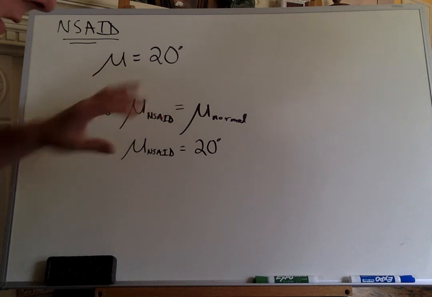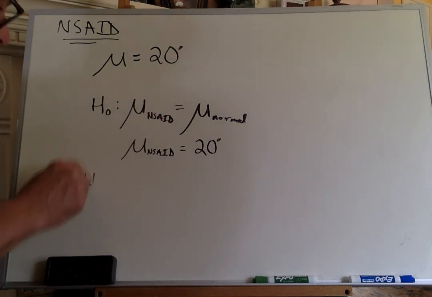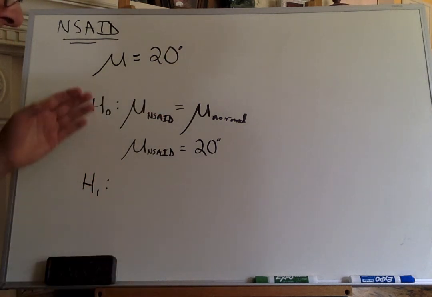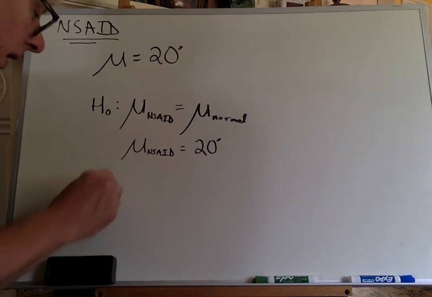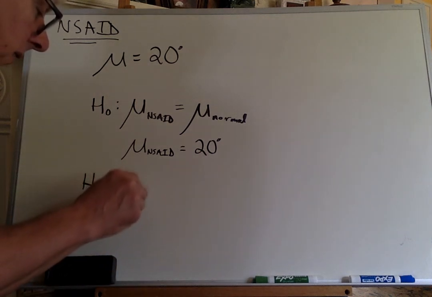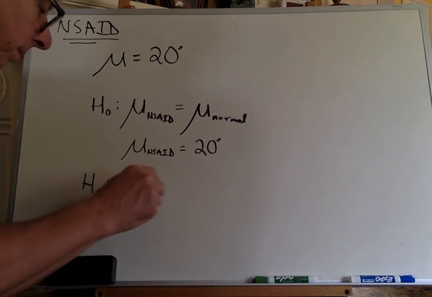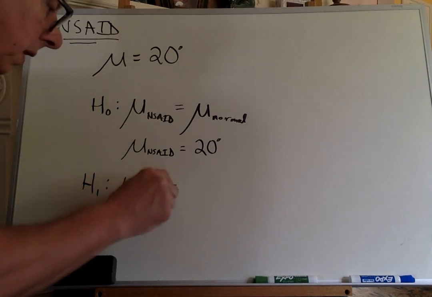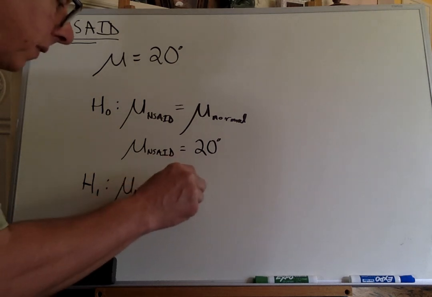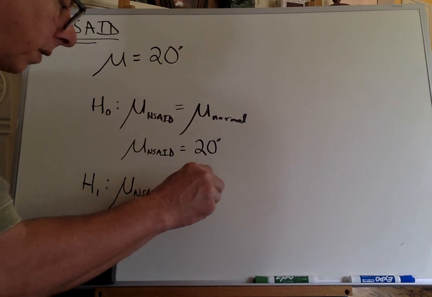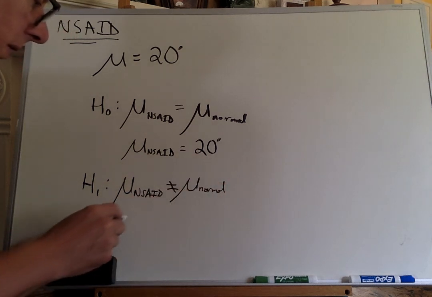This is the null. Our research hypothesis, really, what will be alternative to the null, is that when we use NSAIDs, we're going to see that there's going to be some difference compared to the normal treatment.